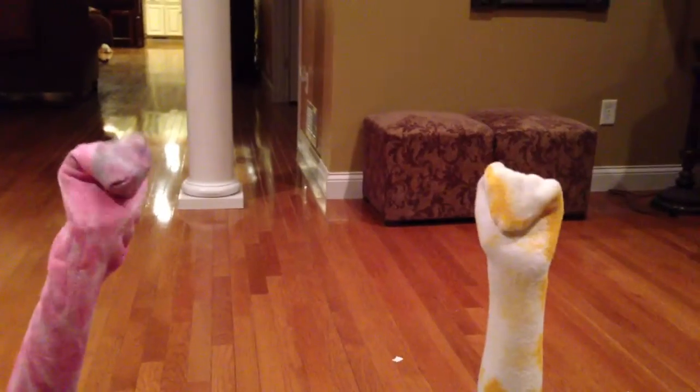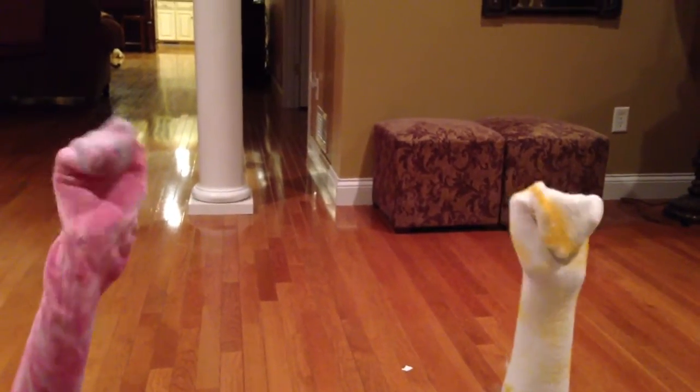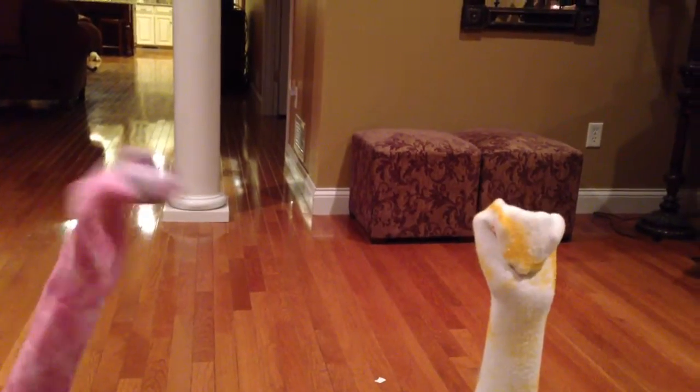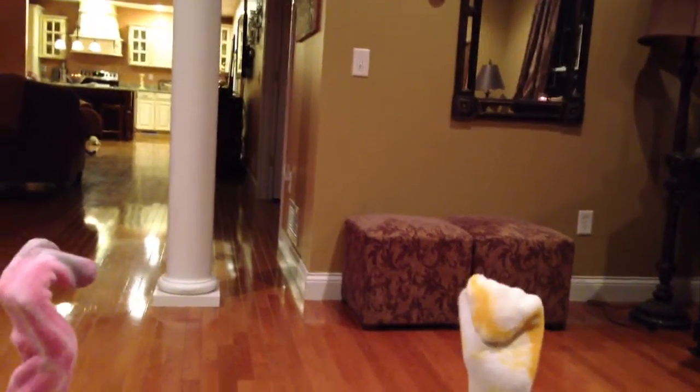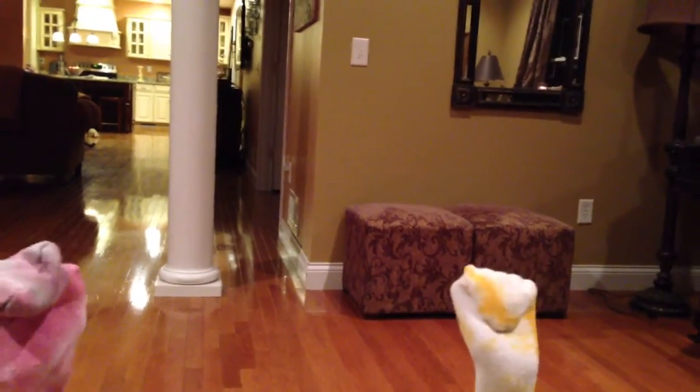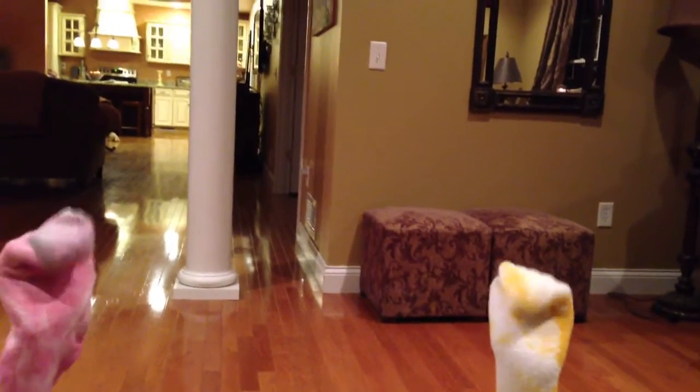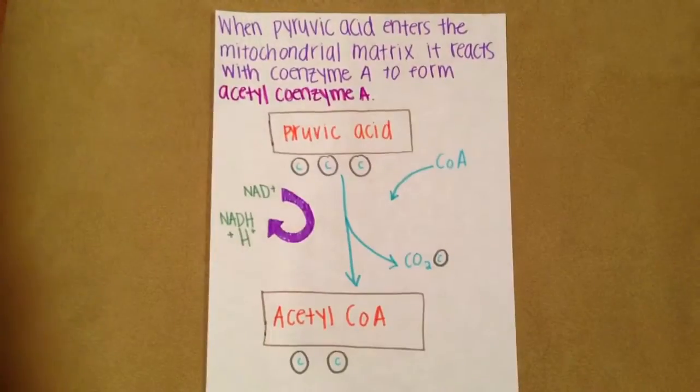To begin the two pathways that make up aerobic respiration, pyruvic acid combines with coenzyme A to form acetyl coenzyme A. This reaction occurs in the mitochondrial matrix.